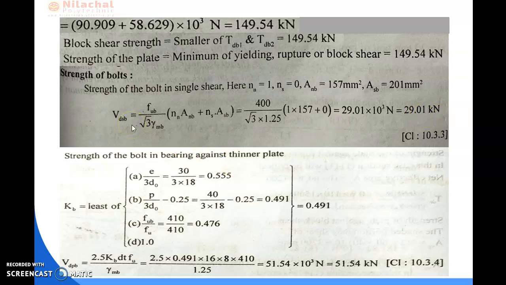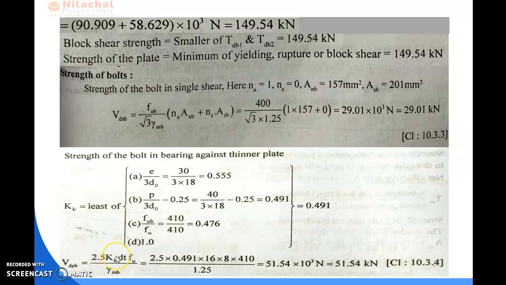So now comes the calculation of strength of bolt in bearing. The formula is VDPB equal to 2.5 kb d t Fu divided by gamma MB. Here the kb value is unknown.